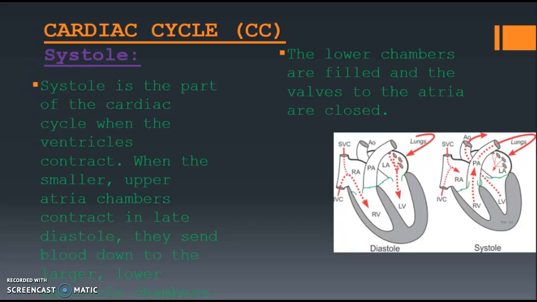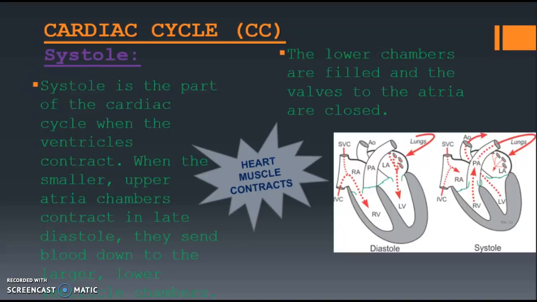The atrioventricular valves are closed during systole, and therefore no blood is entering the ventricles. However, blood continues to enter the atria through the vena cava and the pulmonary veins. So here we just talk about systole as the heart muscles contracting.